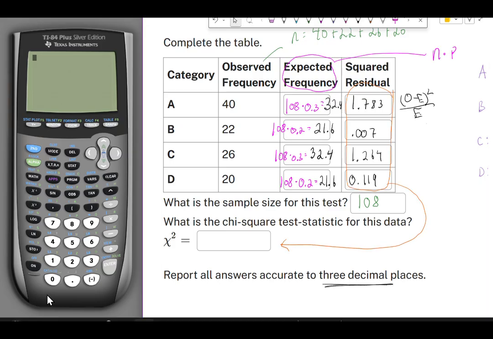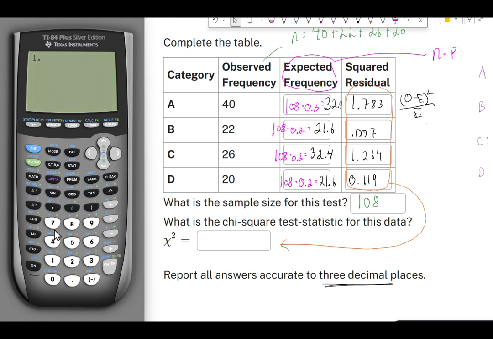So we'll do 1.783 plus 0.007 plus 1.264 plus 0.119. Press enter and we'll get 3.173. But I also wanted to show that we could do the hypothesis test using the chi-squared test in the calculator.